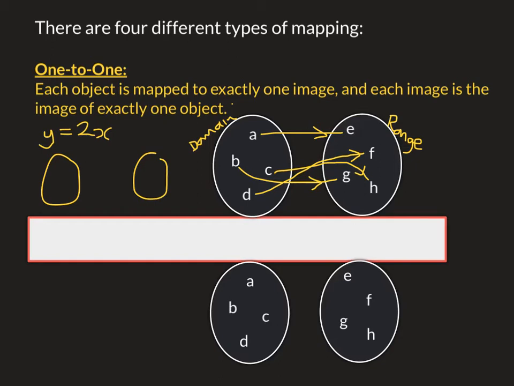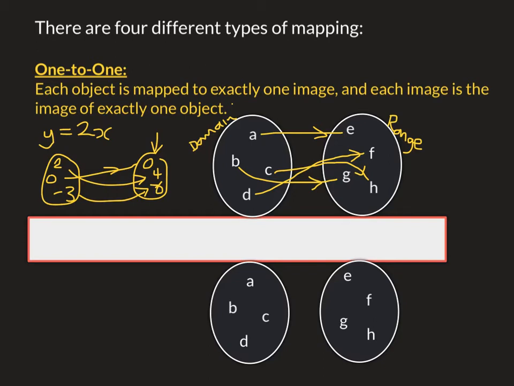Anything I have in here, like 2, 0, minus 3, I'm only going to get one output. So 0 will go to 0, 2 would go to 4, and negative 3 would go to negative 6. It doesn't matter what I put in, I'm only going to get one output, and everything in the range has only one thing that was the input for it.